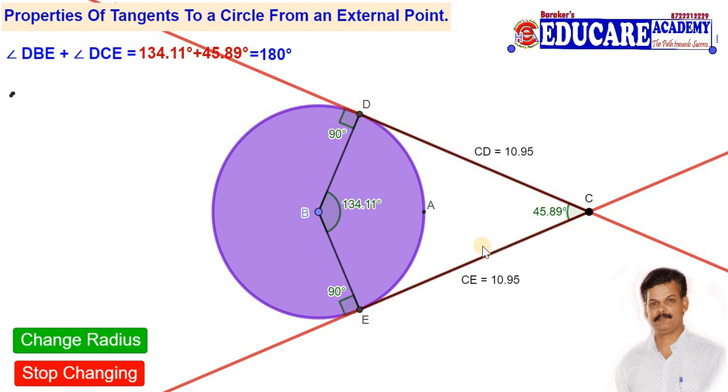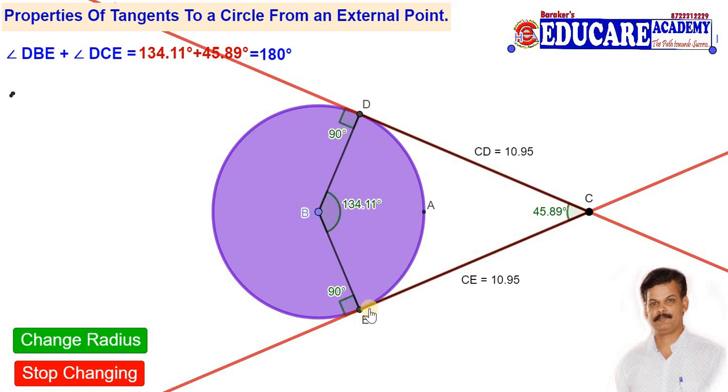The second property is that these tangents will always be perpendicular to the radii of the circle taken at the points of contact. See, CD is the tangent which meets the radius BD at the point D, and this tangent is perpendicular, or makes a 90-degree angle, with the radius.